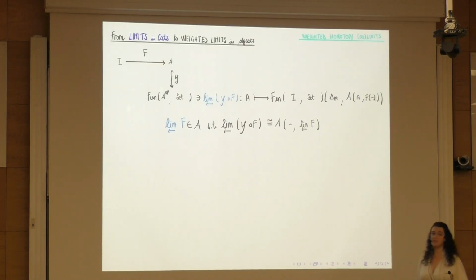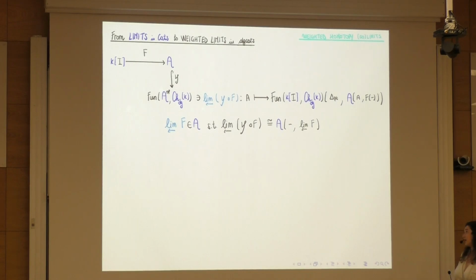So the idea here is that we start by looking at what happens in normal categories. If you need to compute the limit of f, you compose it with the Yoneda functor, so you first define it as a functor, and then you ask for representability. But I want to work in DG categories. So let's make some changes. Let's k-linearize I. Let's substitute A with the DG category A. Let's substitute sets with the DG category of chain complexes over k.